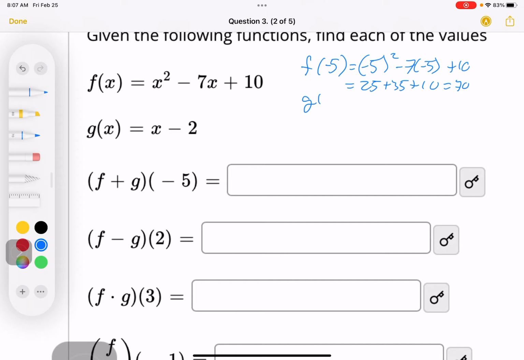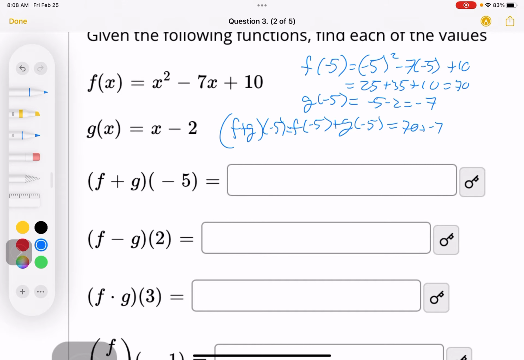And g of negative 5 is going to be negative 5 minus 2, which is negative 7. So our f of negative 5 plus g of negative 5, which is what f plus g of negative 5 is, going to be 70 plus negative 7, or 63.